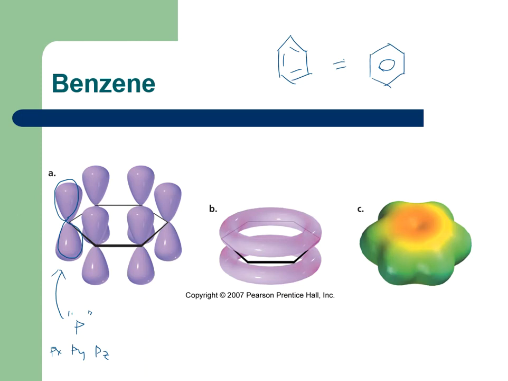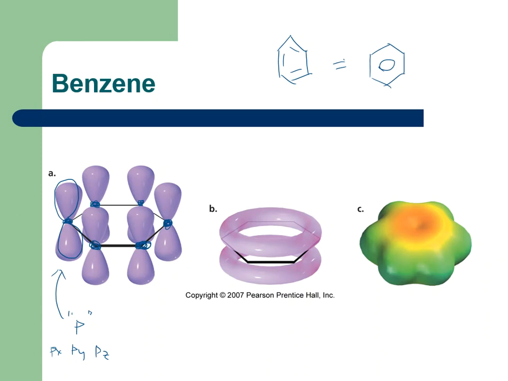So for B, this is basically the concept that if you do have a structure like this, where a ring structure is in place, and each one of these atoms that are at the nodes, that's what we call that area with no purple, that's a node. At the node, that's where the carbon atoms are.